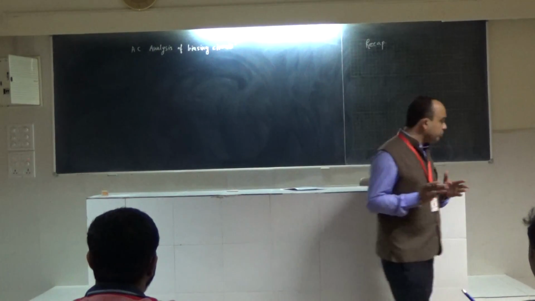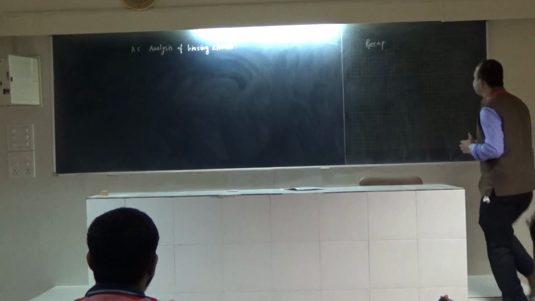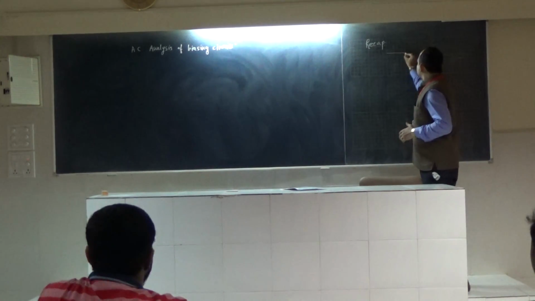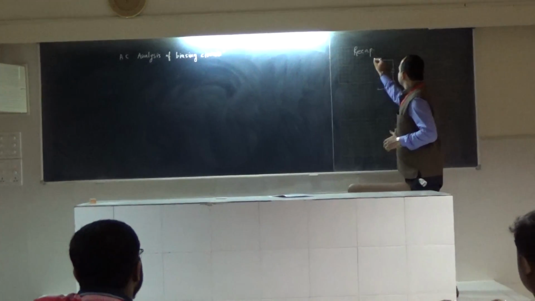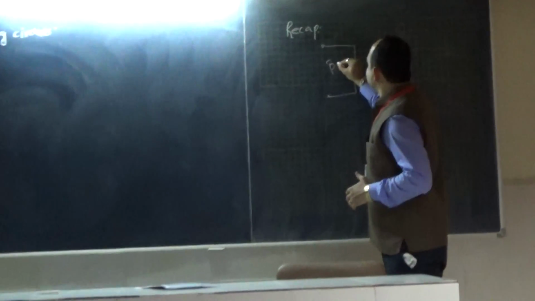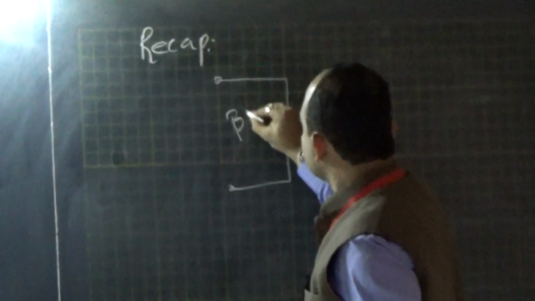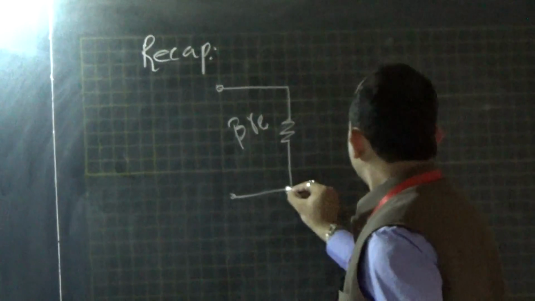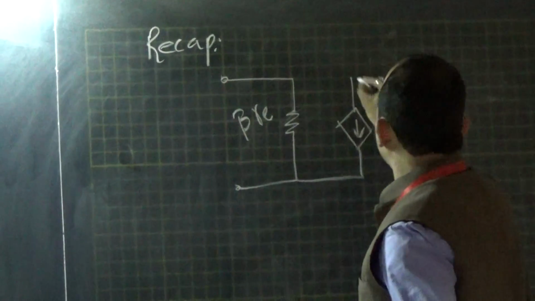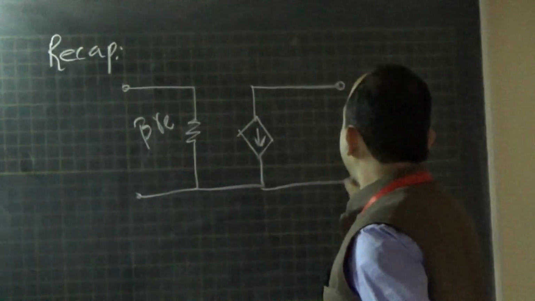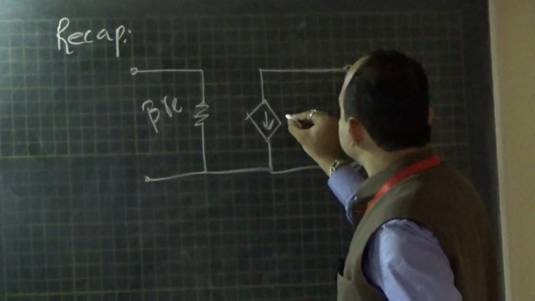Can anybody recall what values we derived last time? We made it like this: here this was beta re, and I said that the output can be seen as a current controlled current source.